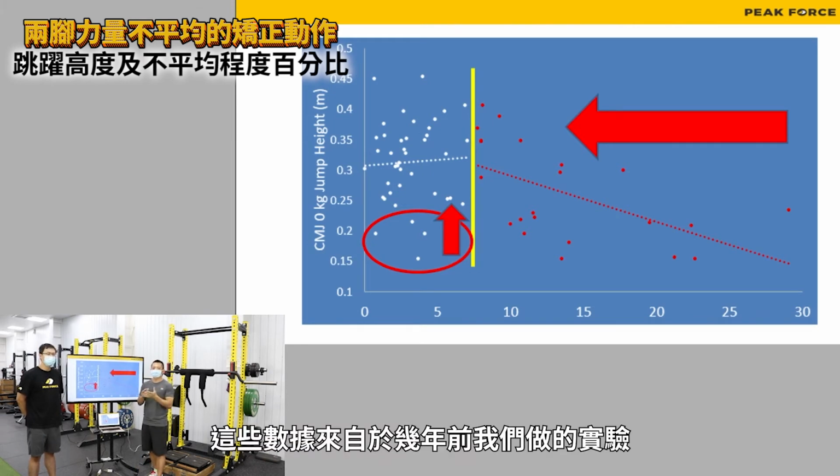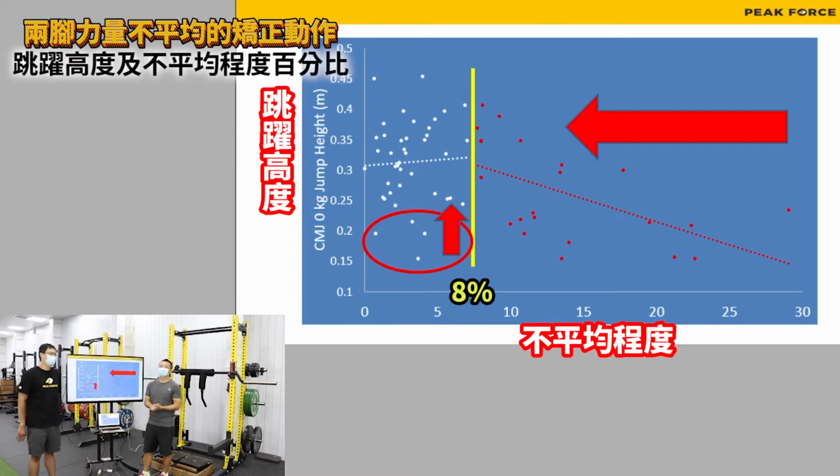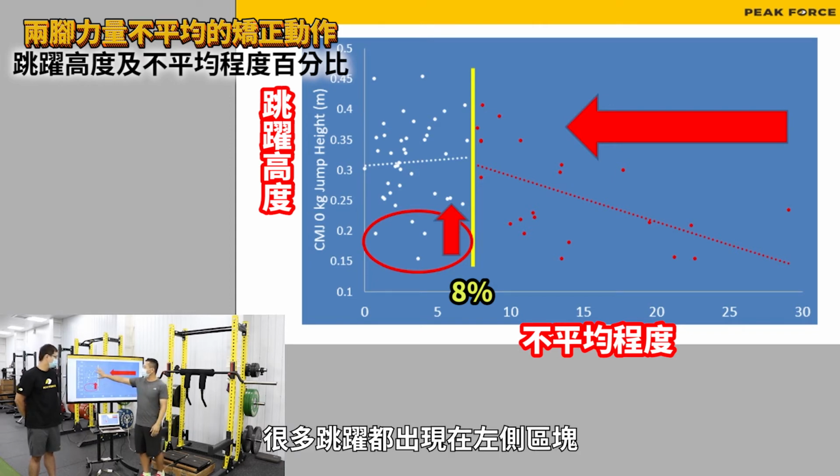This is from research data we collected years ago, looking at jump height and the amount of asymmetry in percentage. Some people ask how asymmetry affects our athletic performance. In this chart, the vertical axis is jump height and the horizontal axis is the asymmetry difference.